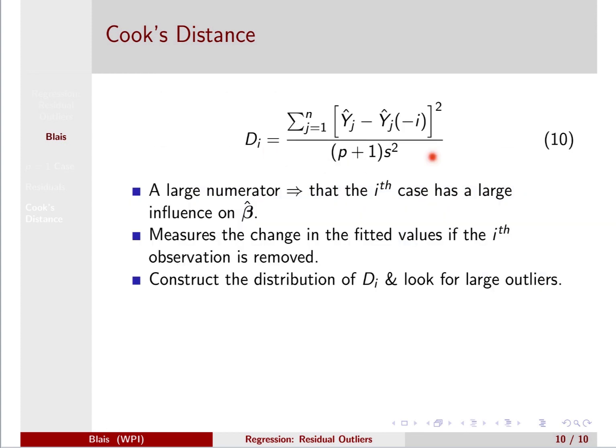So in Cook's distance, that large numerator is telling you that the removal of that ith case really changes your beta coefficients. And this is another useful tool to try and pick out those outliers that are really affecting the model.